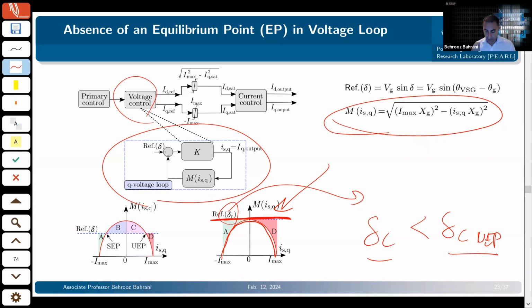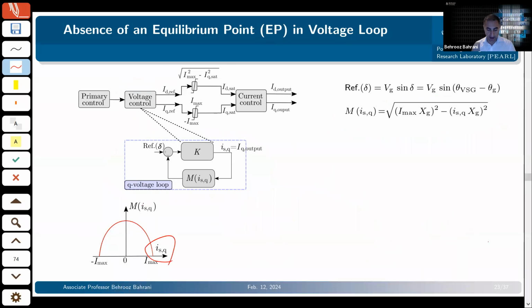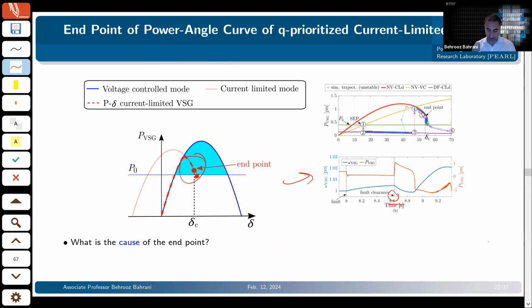So essentially, if I go back to the slide that I had here, in this particular scenario the system is becoming unstable at this point.